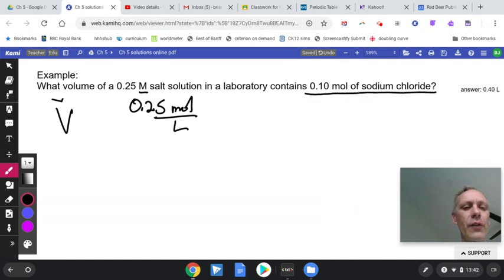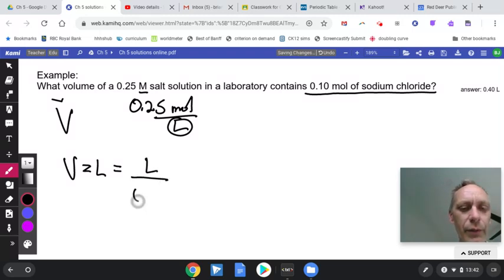chloride? So we're looking for volume, and in this case, we'll go after the liters. It doesn't need to be milliliters on this one because capital M is moles per liter, so we'll solve in liters. So I'm going to take this ratio and flip it because you always want to put the unit you're looking for on top. 0.25 moles on the bottom, liters on top.